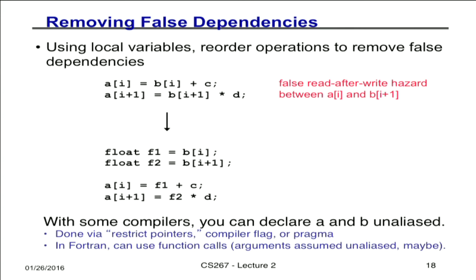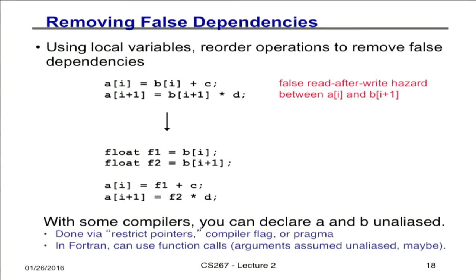Well, or between A[i] and B[i+1], either one. Either one of them is a problem. So it's either a read after write or a write after read. So the problem is, what are A and B? A and B are actually just pointers to memory, and it doesn't know if they're pointing right at the same thing or, you know, one off at the same thing. And so it's possible that A[i] and B[i+1] are actually the same location in memory, or that B[i] and A[i+1] are the same location in memory.